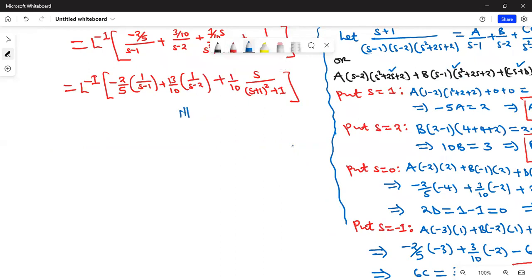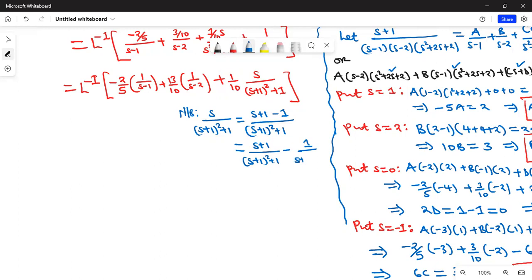Take note that S over S plus 1 squared plus 1 is the same as S. If I add 1, I need to subtract 1 over the same denominator, S plus 1 squared plus 1, which you can as well write as S plus 1 over S plus 1 squared plus 1, then minus 1 over S plus 1 squared plus 1.